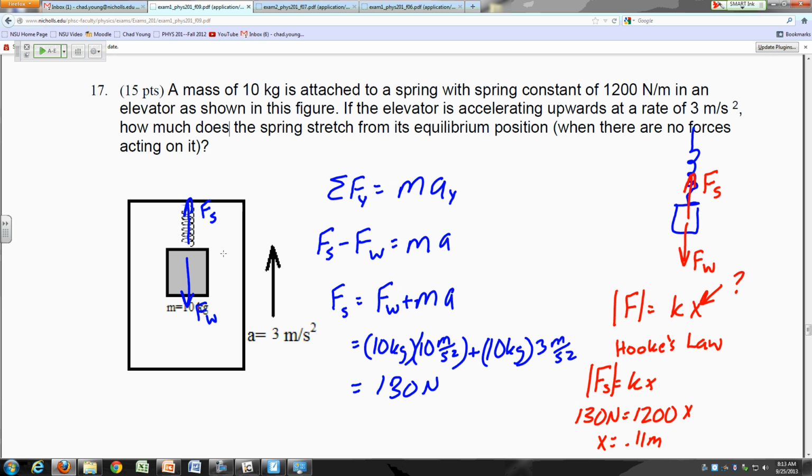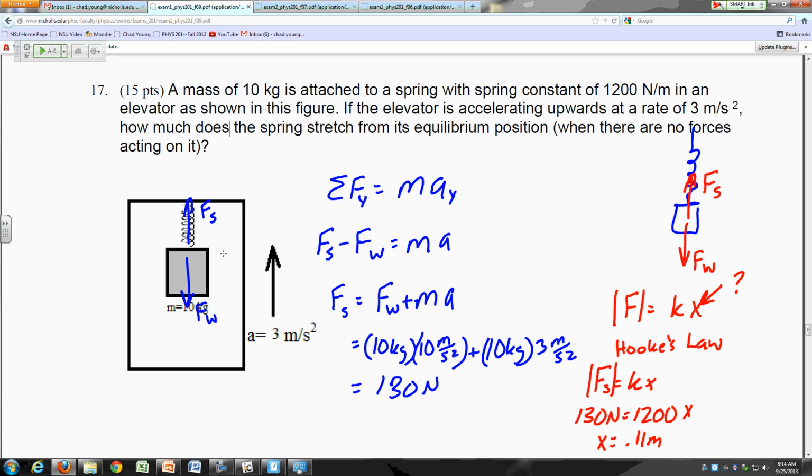So it's pretty much saying that 1,200 is k. Right, 1,200 is given in the problem. Yeah, the spring constant, 1,200.